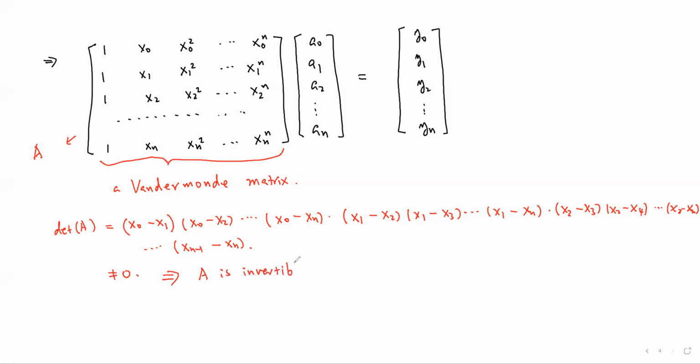Matrix A has an inverse. Therefore, this linear system has one and only one solution, because I can move A to the right side by taking the inverse of A to get the solution. Yeah, this is the proof of the theorem. Because the coefficient matrix is invertible, the solution is just one. Okay, that's the proof.